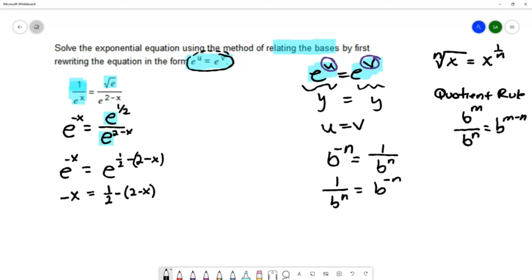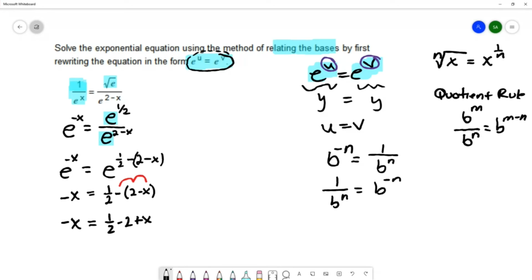So we have now transformed this from an exponential equation into a linear equation. And I'll solve this equation. I'm going to start by using the distributive property on this negative. That gives negative x equals 1/2 minus 2 plus x.